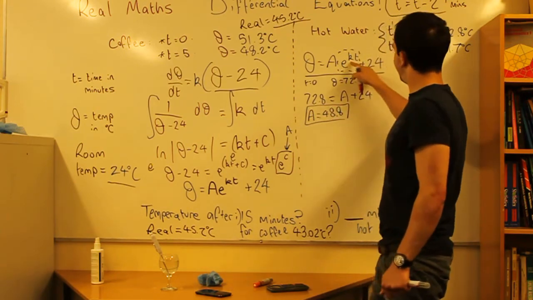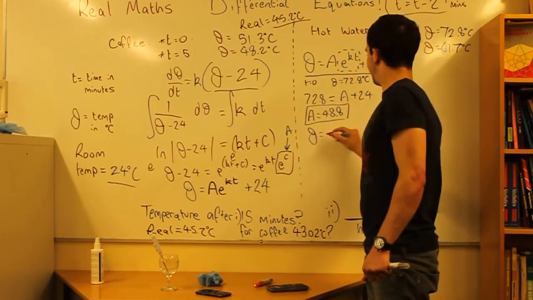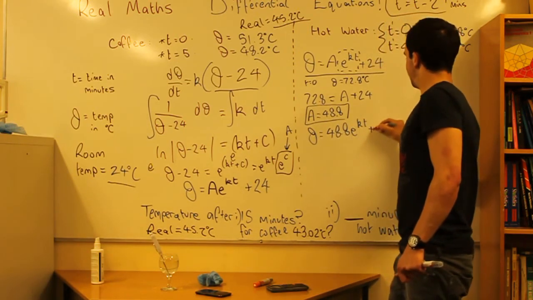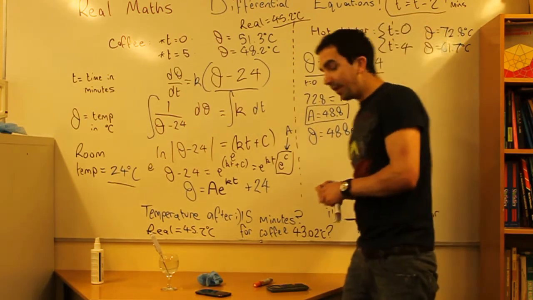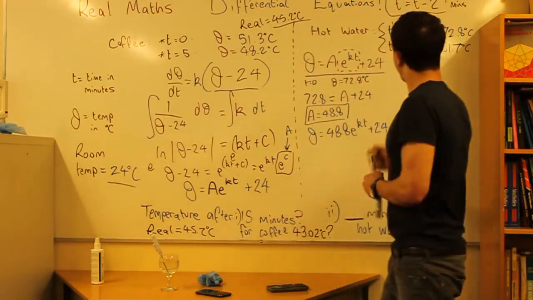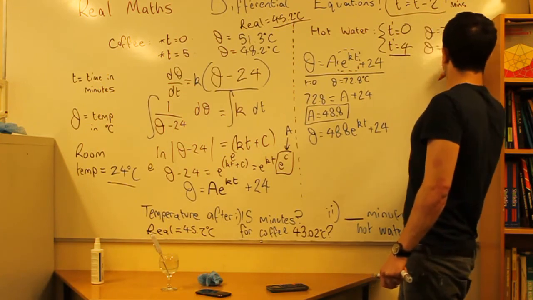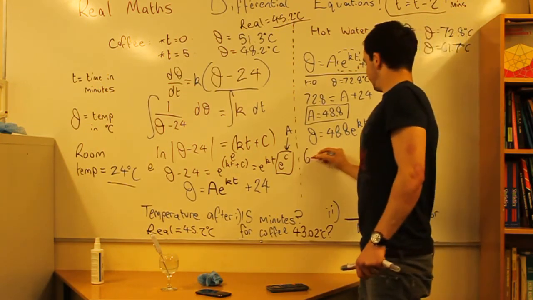We want our value of k. So we've got theta equals 48.8 e to kt plus 24. We know the other initial condition, our other boundary condition: when t is 4, theta is 61.7.